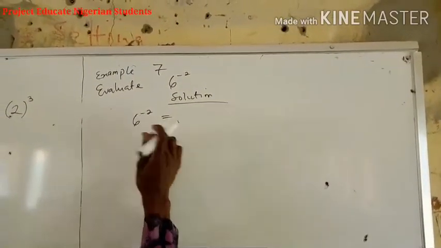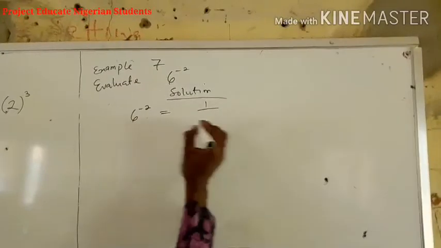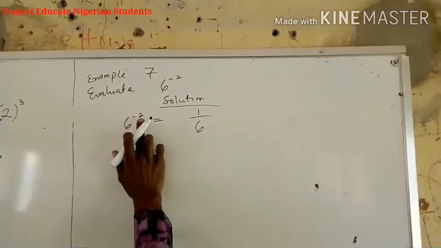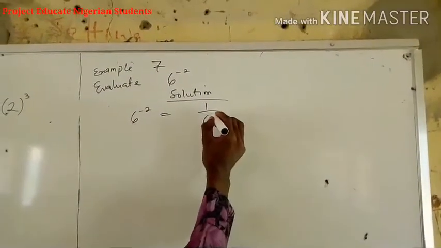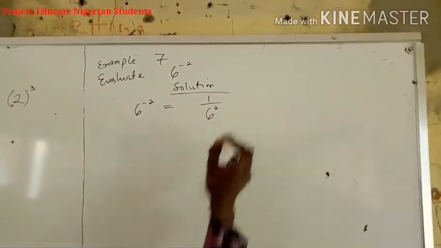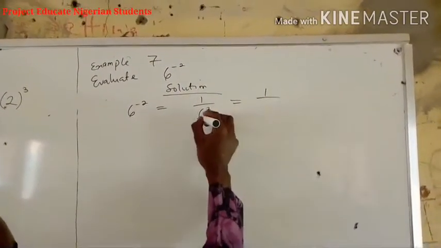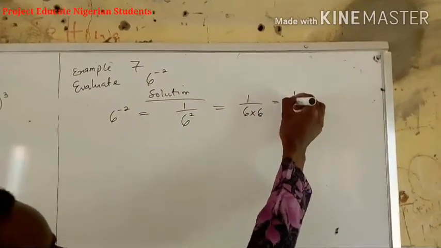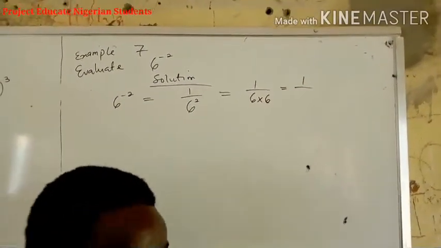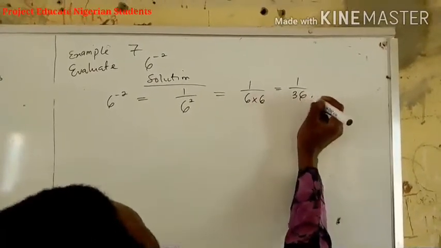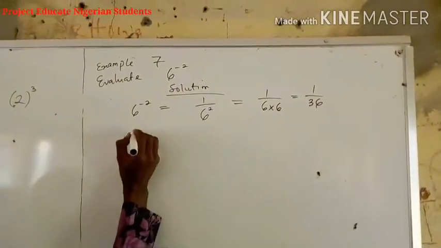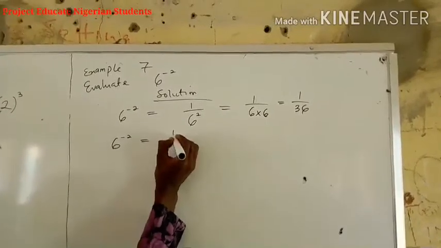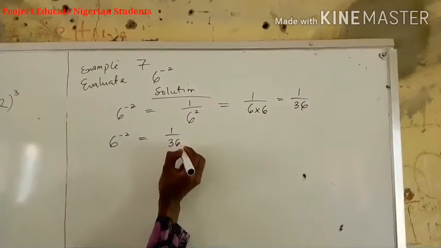So we have 1 all over 6, and the power here is 2, so you put your 2. 1 all over 6 times 6. 6 times 6 is 36, right? So it means 6 to the power minus 2 equals 1 all over 36.